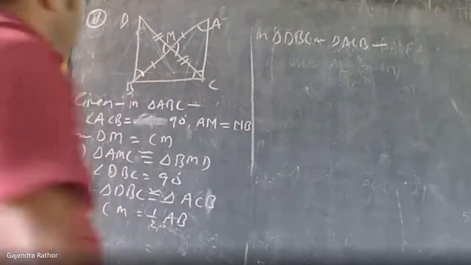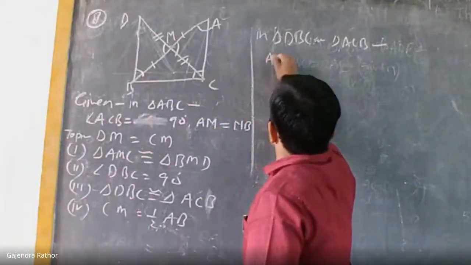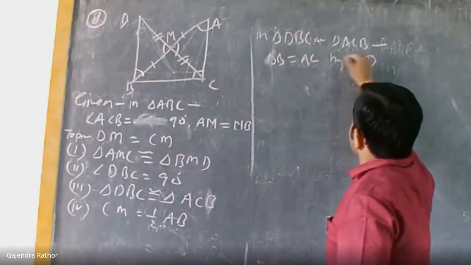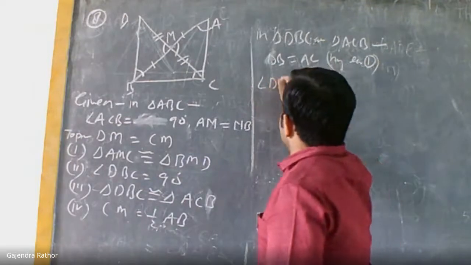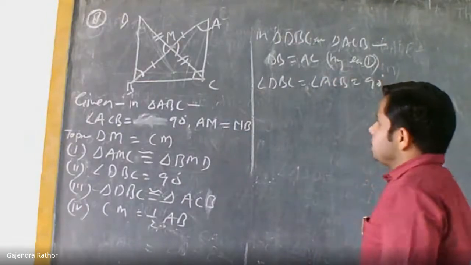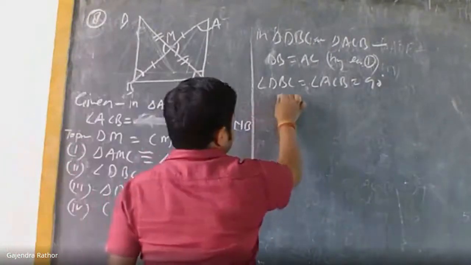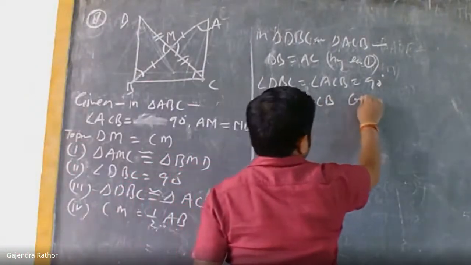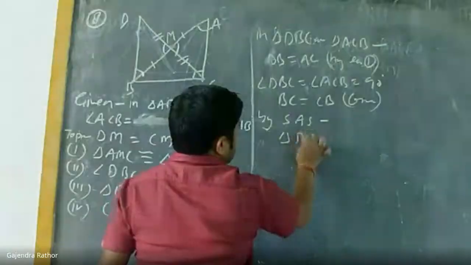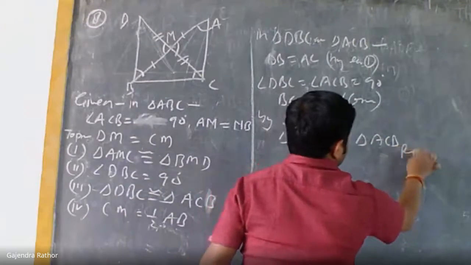Very good, Priyanka. First, DB is equal to AC by equation 1. We already saw that. Next, angle DBC is equal to angle ACB is equal to 90 degrees. The third part, BC is equal to CB, that is the common. So by SAS, triangle DBC is congruent to triangle ACB, that is the third point.